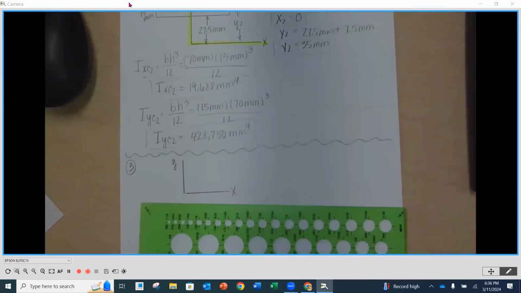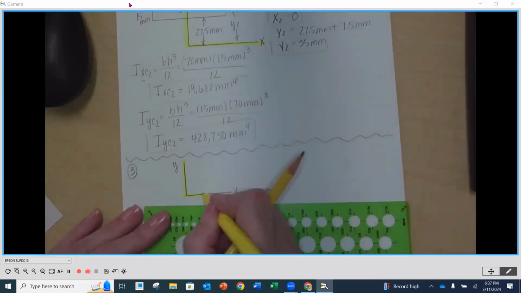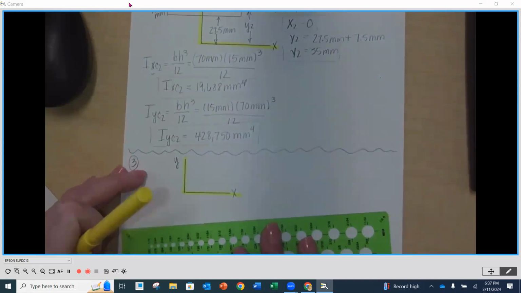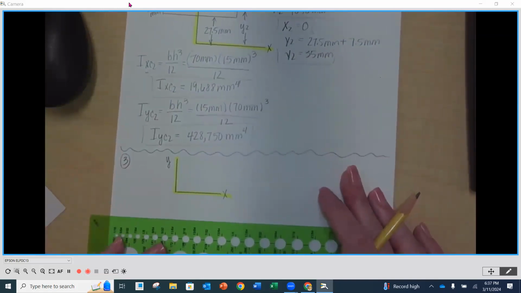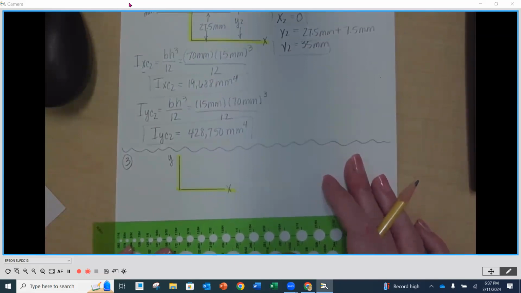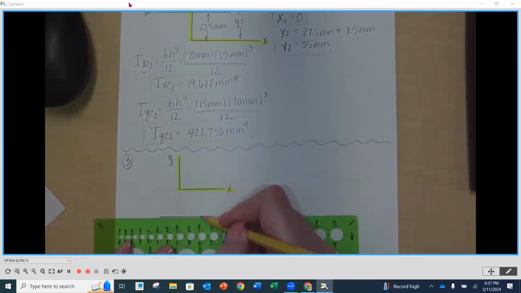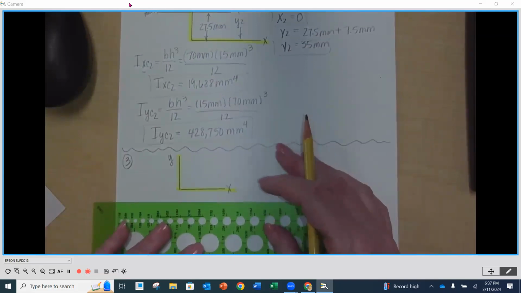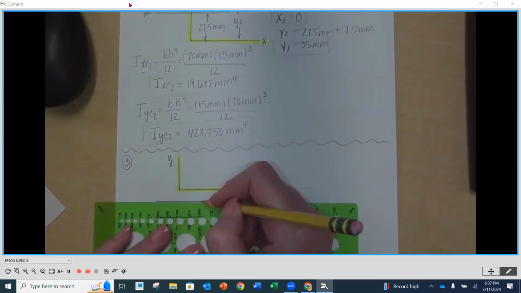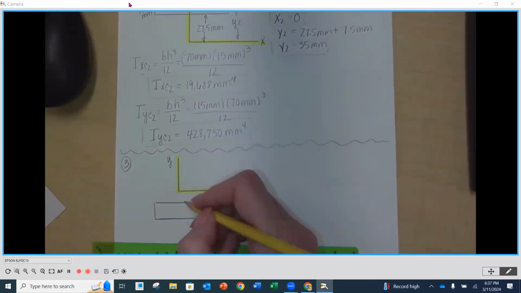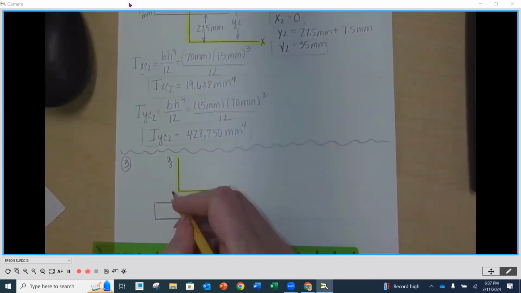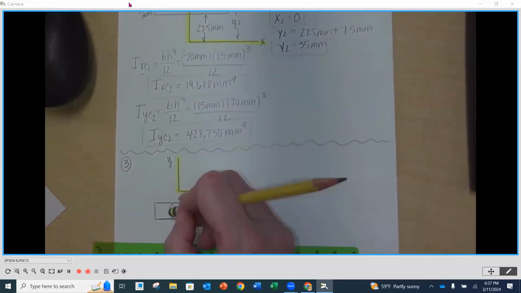So that's our reference axis again, and this time, this one is down below here. So my centroid, this is going to be centroid number 3.